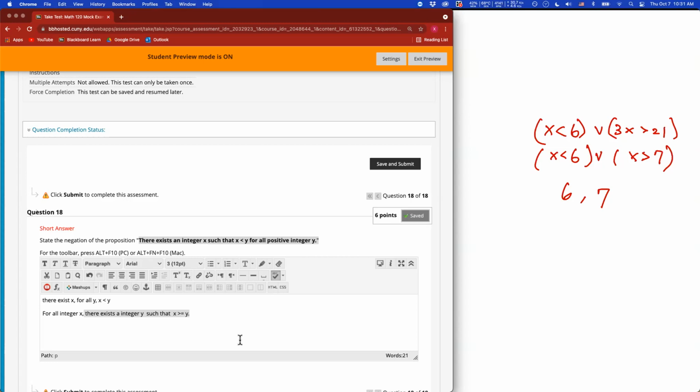So normally we don't put for some integer at the end. We say there exists, and we put that at the beginning. Because if I ask you to prove a statement like for all integer x such that x greater than y for some positive integer y, it will confuse a lot of people. So instead of just negating it, you also need to make it sound right.